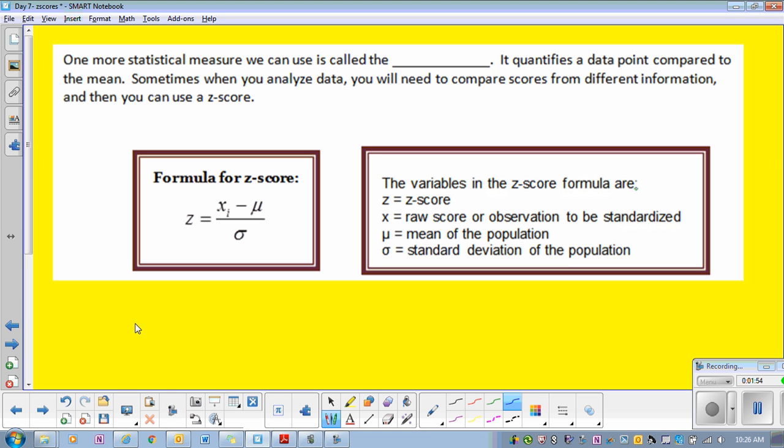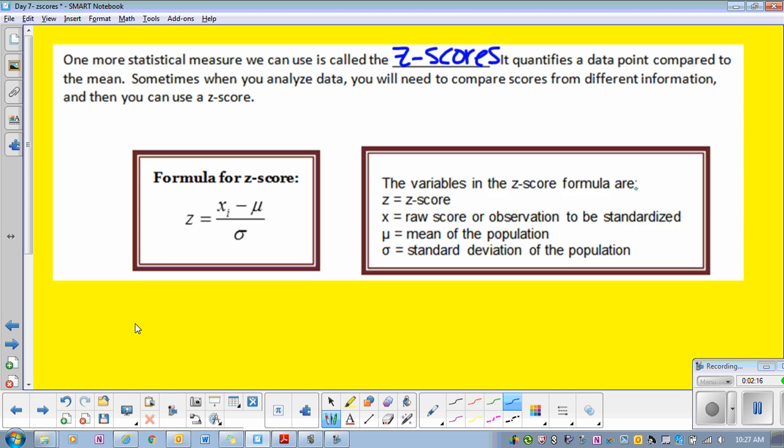So another statistical measure that we're going to use is called z-scores. It helps you to compare a data point in terms of the average.